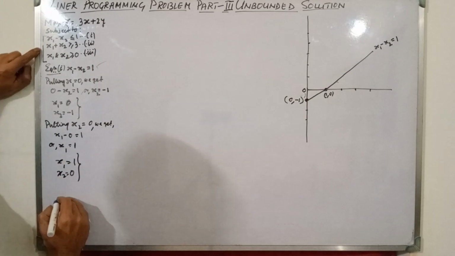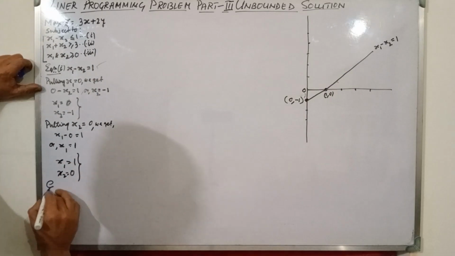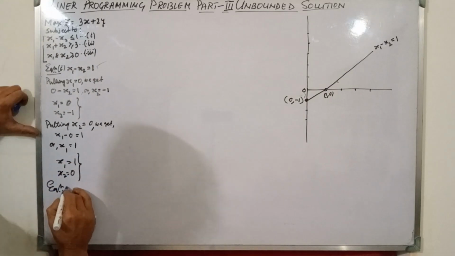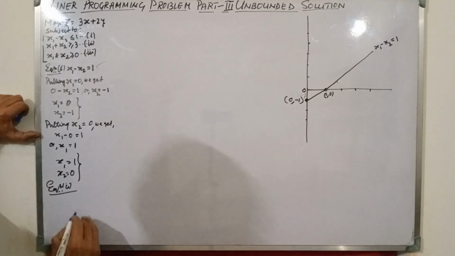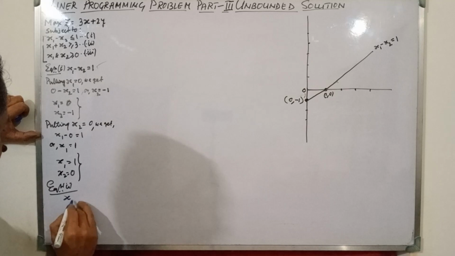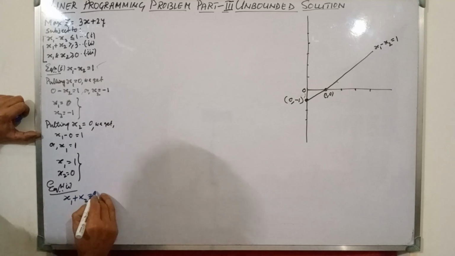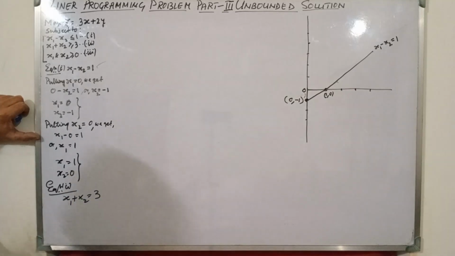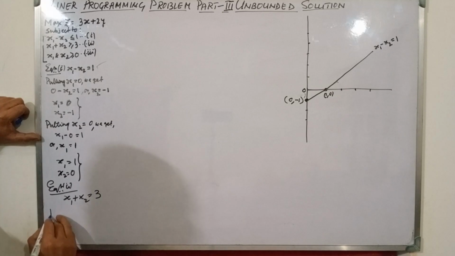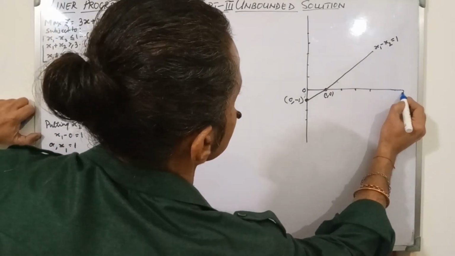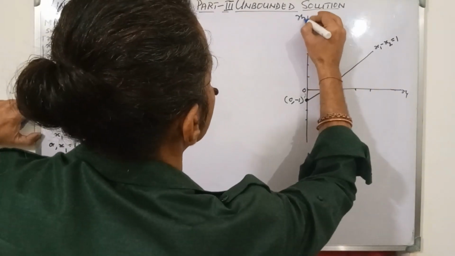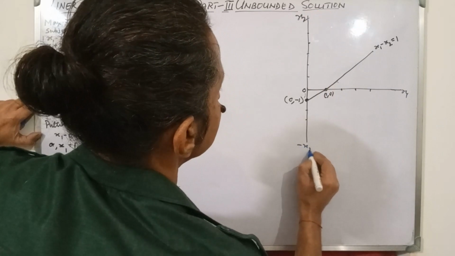Now take equation 2. What is the equation? x1 plus x2 equals 3.